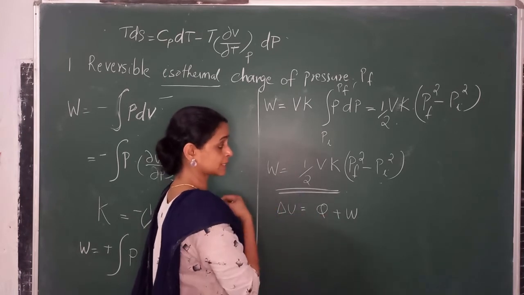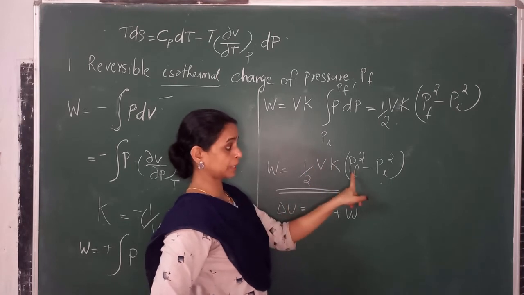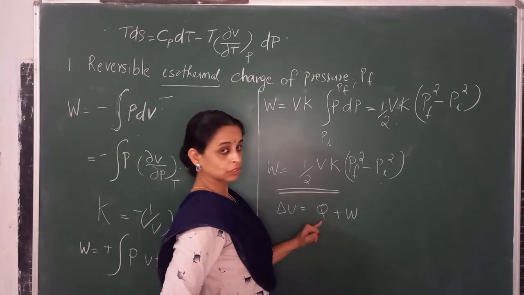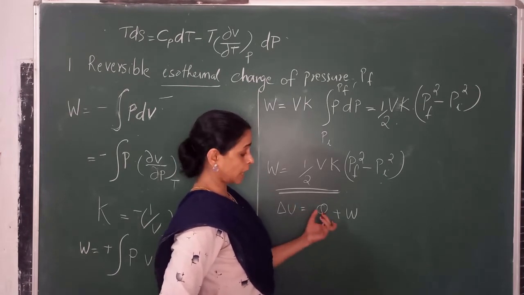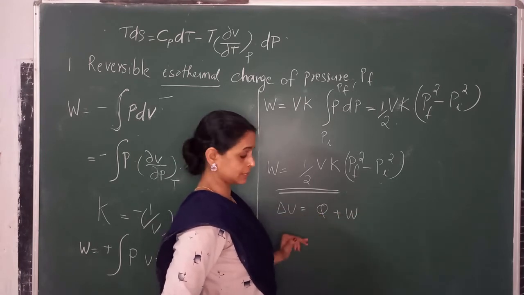You can calculate this value for some quantities V, K and Pf, Pi. At the same condition you can calculate the Q, heat liberated, using the beta value. So after adding these two you will get the change of internal energy.